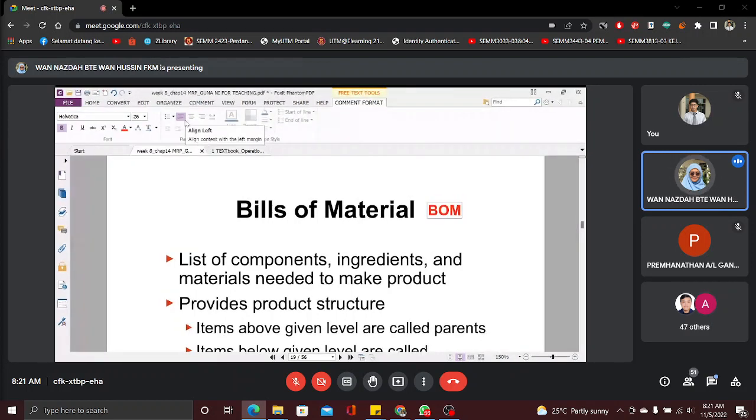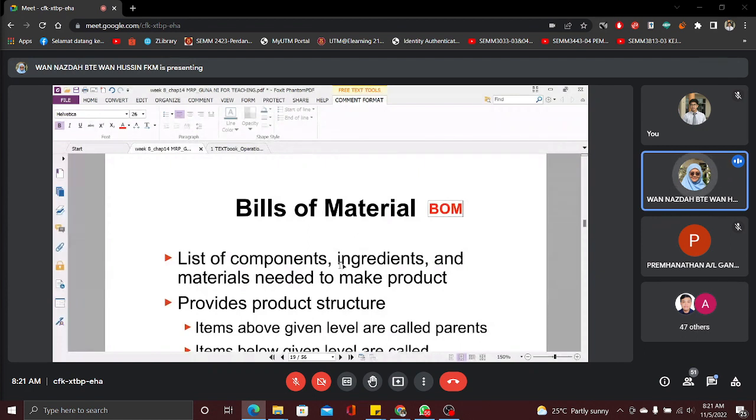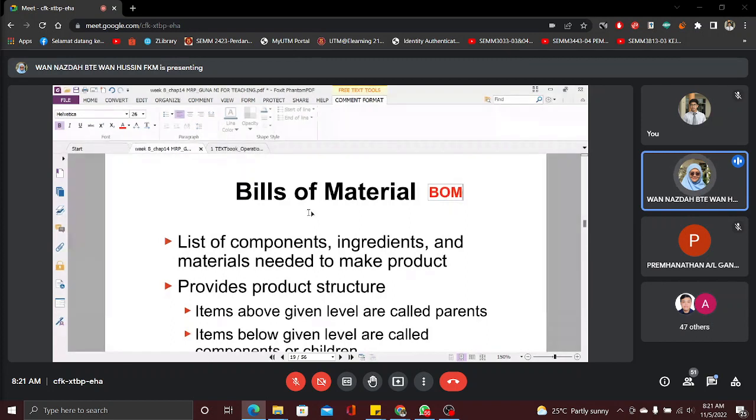If you are in the food industry, you will have detailed ingredients for your end product, and what the materials are to make the end product. So the bill of material is a list of components, component A, component B, and those kinds of things. You will see the list only.